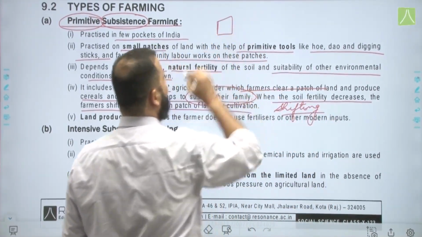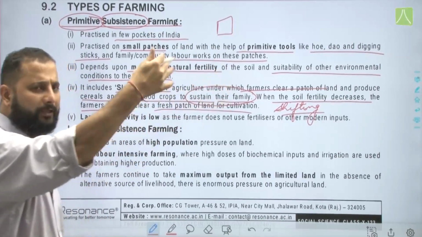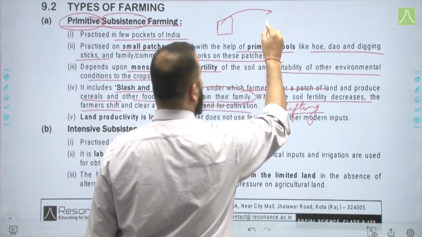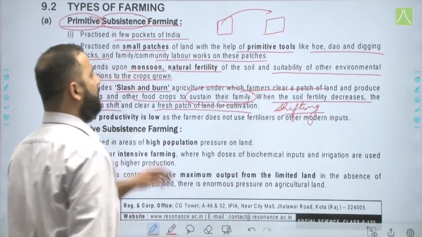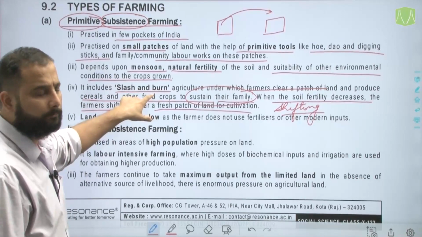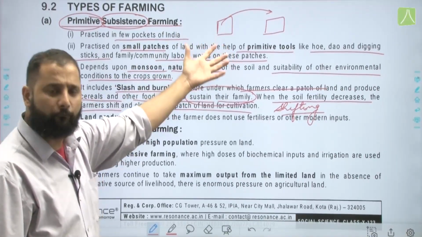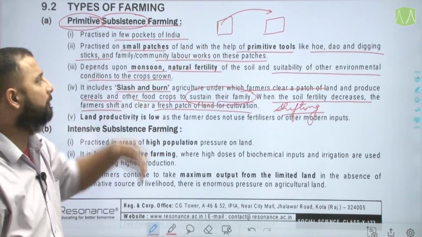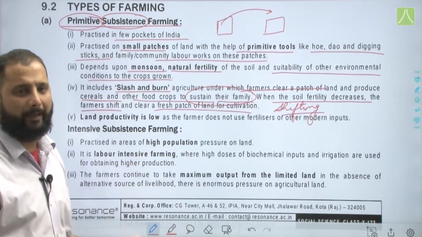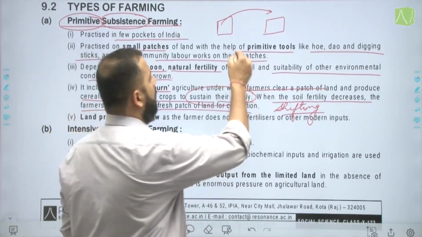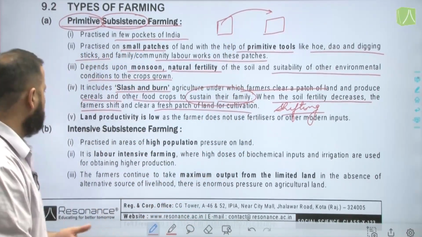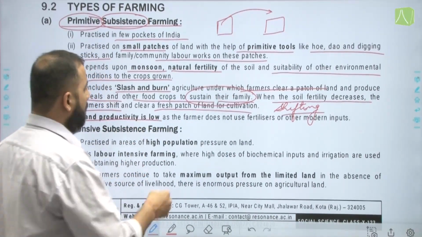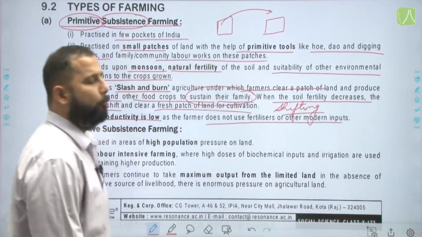Suppose a farmer was cultivating on a patch of land for 2 to 3 years, and later, when the soil fertility decreases, he moves on to another piece of land and again does the same slash and burn practice, clearing the area and burning it down. Hence slash and burn as well as shifting cultivation. Here land productivity is low because modern methods are not being used, as the farmer does not use fertilizers or other modern inputs.